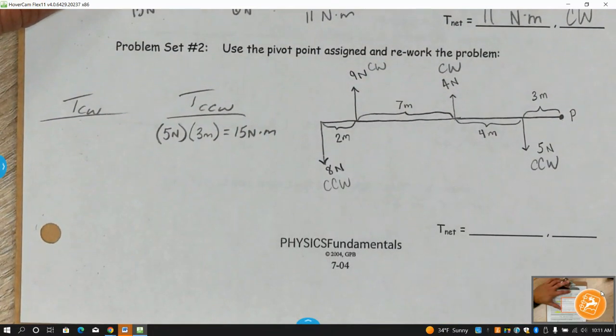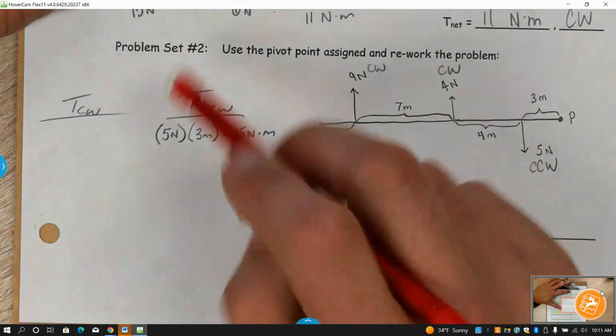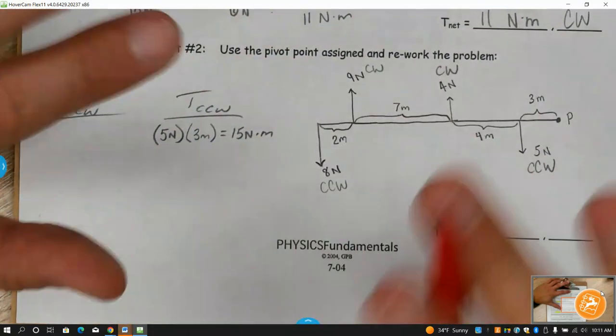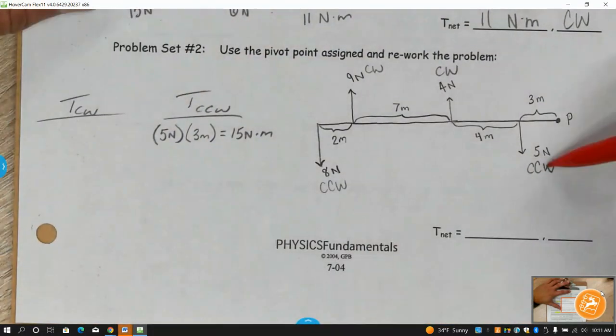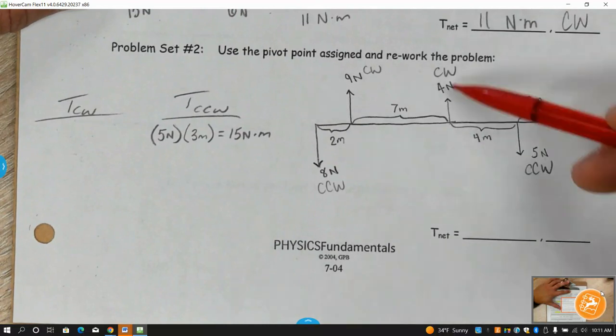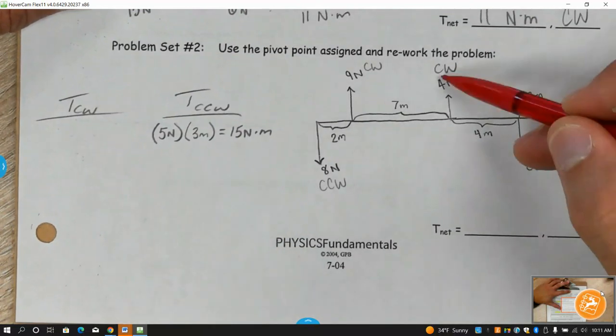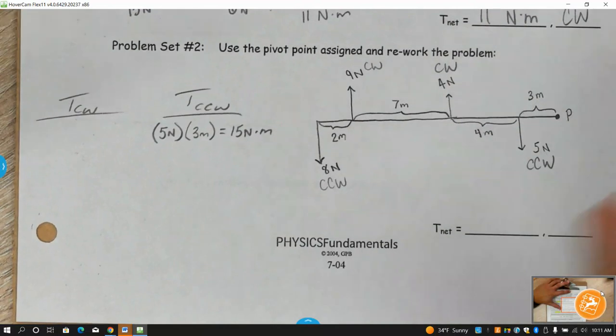Okay. Now, it doesn't matter how you do this, but whatever you do, you definitely need to make sure that everybody is in the correct column. One of the bigger mistakes is that people will go, okay, CCW, they got 5 and 3, they're good with that, and then they just see the next one, CCW, the 4 newtons and 7, and they're like, okay, this is good.